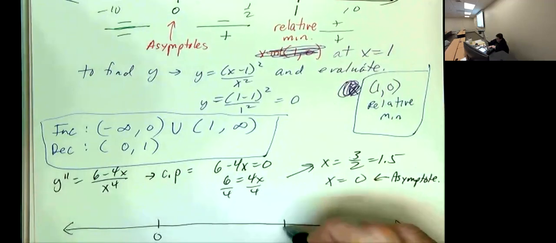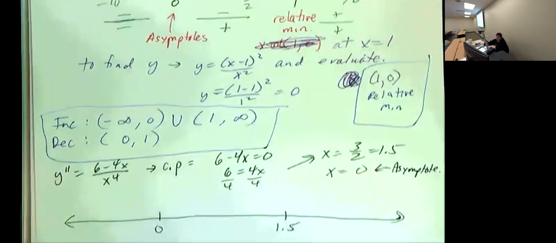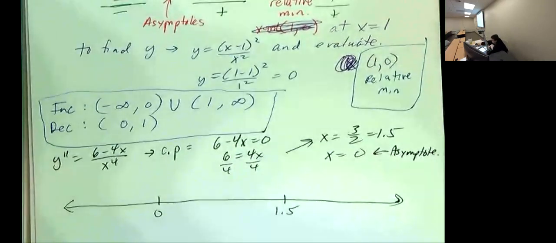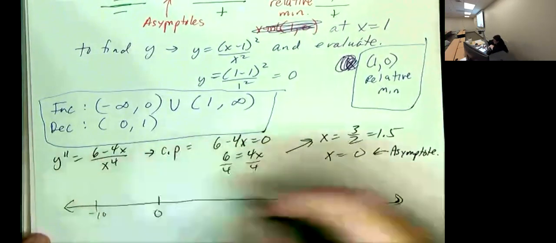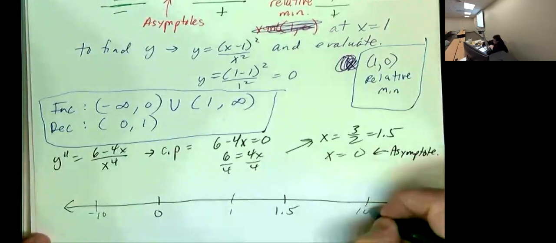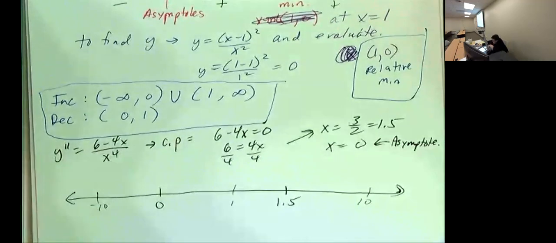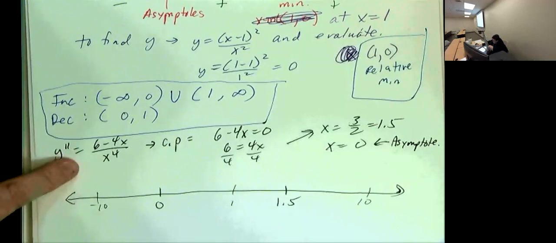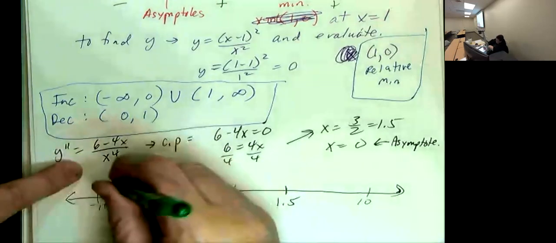But checking here will give us our concavity. So I'll try negative 10, 1, and 10 into y double prime. If I stick in a negative number, 6 minus 4 times a negative is 6 plus 4 times 10. The top is positive, the bottom is positive, this is positive.